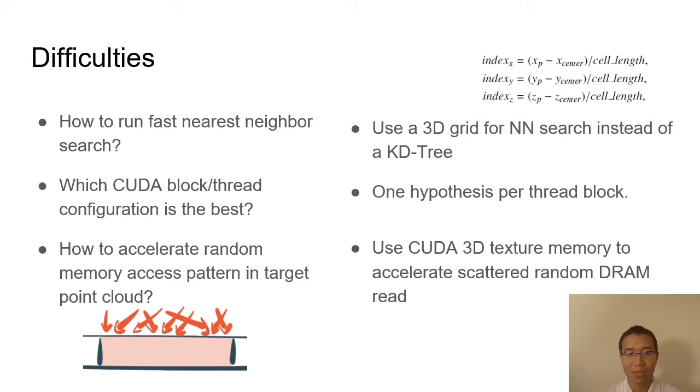In GPU, it's not the best case because the memory bandwidth is not fully utilized. Instead, in order to improve the performance, we use CUDA 3D texture memory to accelerate the scattered random DRAM memory reads.